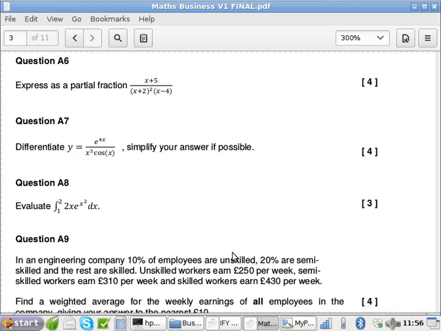The bottom one? x cubed cos x means the product rule. No, quotient rule first. So why are you finished?